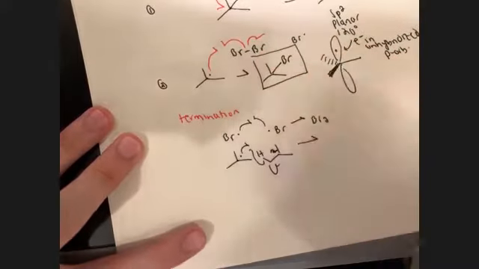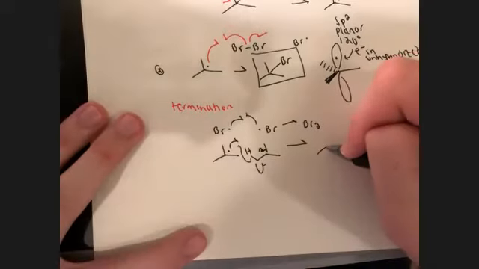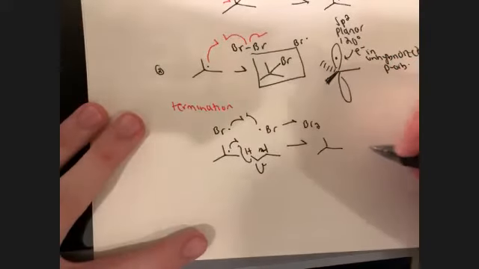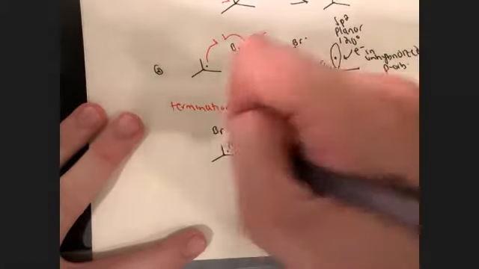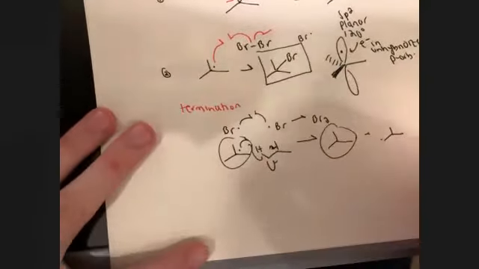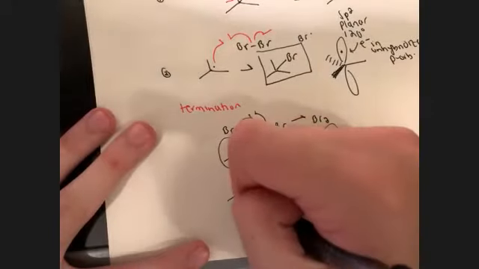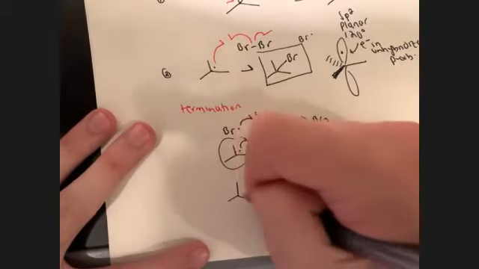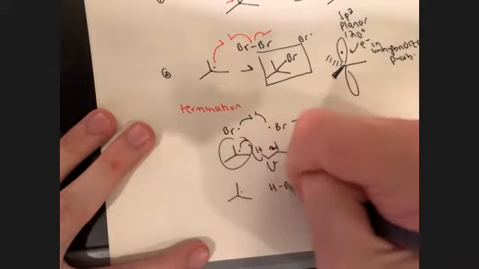So this is just plain starting material, I didn't mean to put a radical there. And then with one of the radicals, you can form that, and then you can generate another radical. So that's a way to terminate that. Or you can show a mixture of the 2, this and HBr.